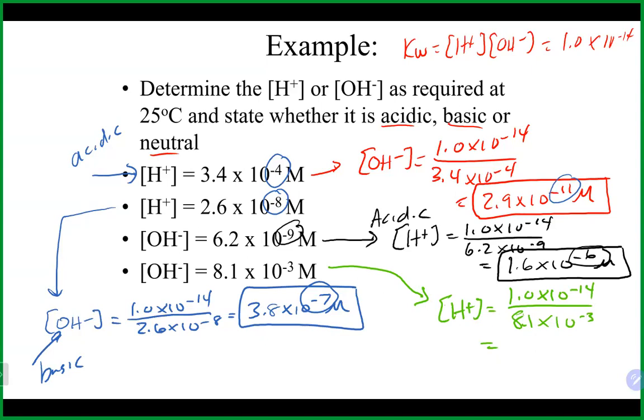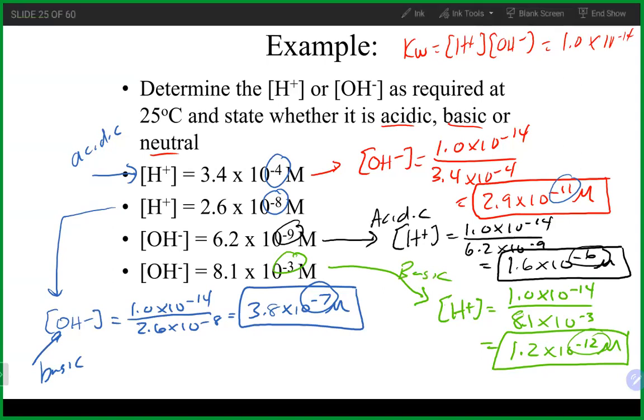Going to give us a 1.2 times 10 to the minus 12. Again, needs molarity. And comparing here, our OH minus is definitely larger in this case, which means that it is basic. Any questions on any of those there?